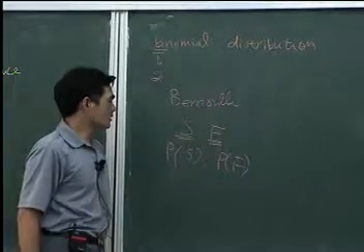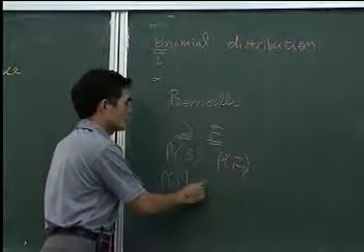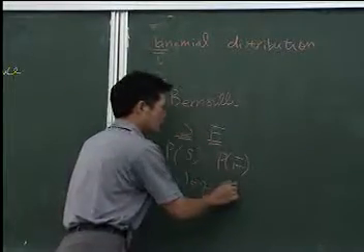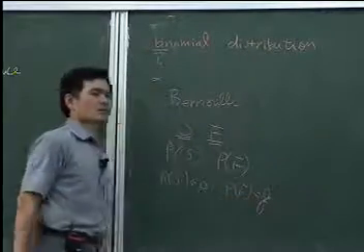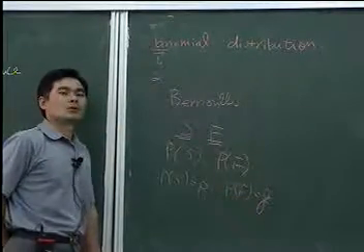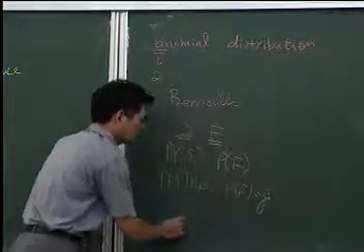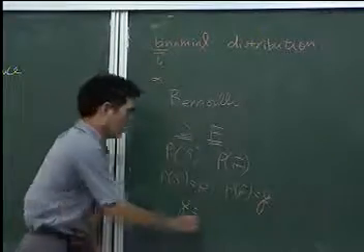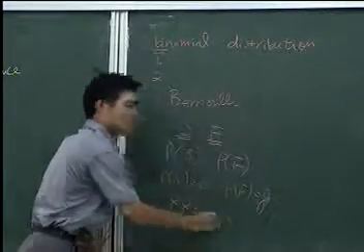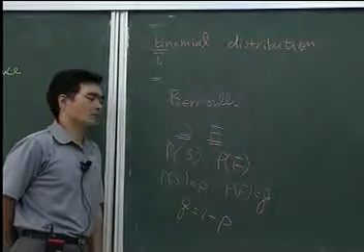Oftentimes we say the probability of success is equal to P, and the probability of failure is equal to Q. Because we have only 2 possibilities, Q must be equal to 1 minus P.